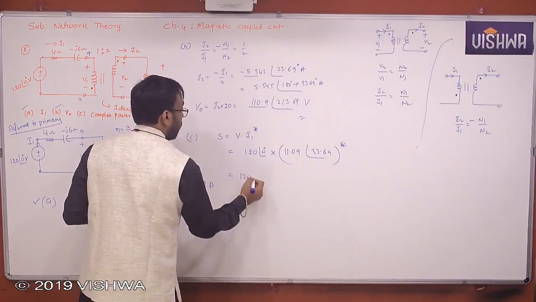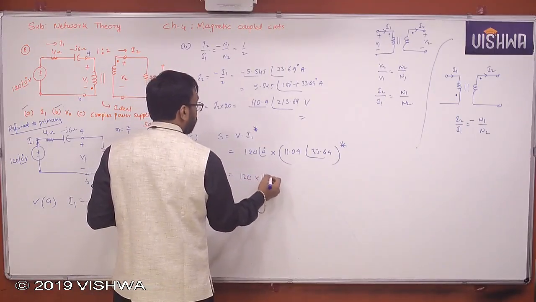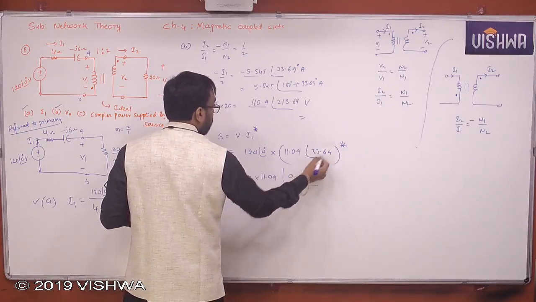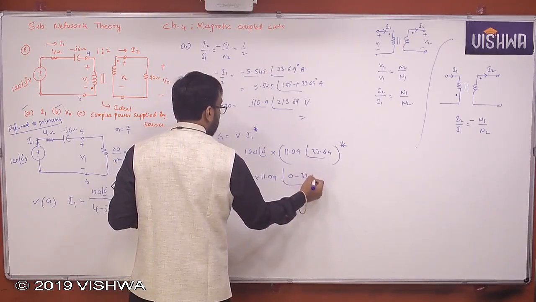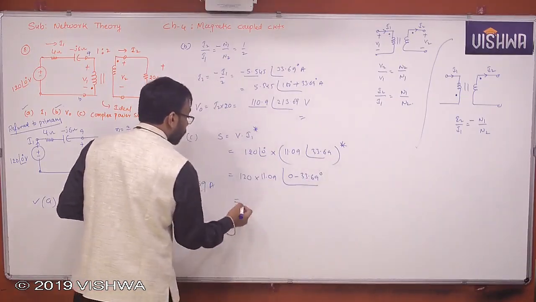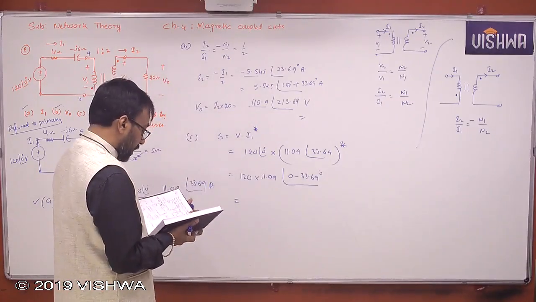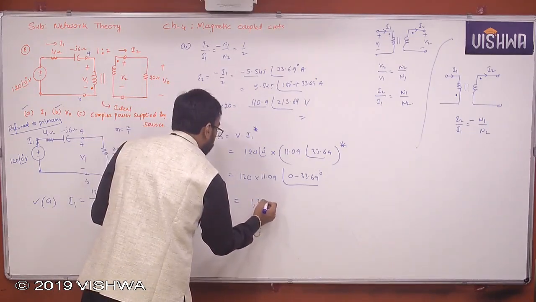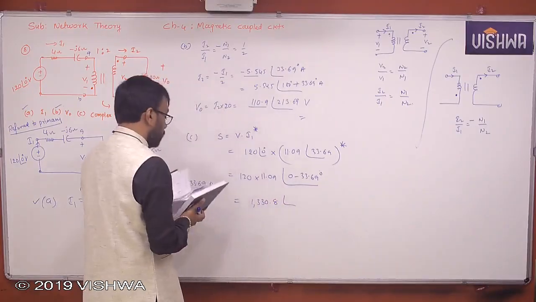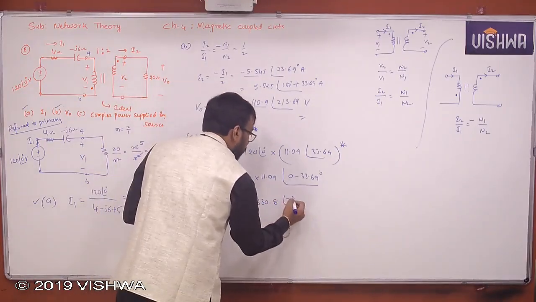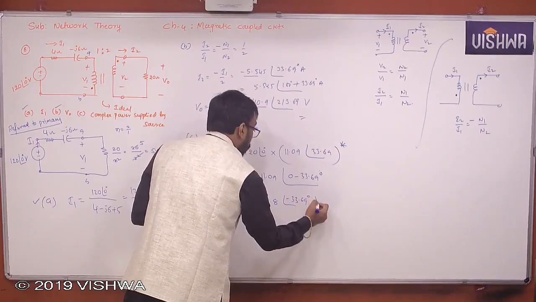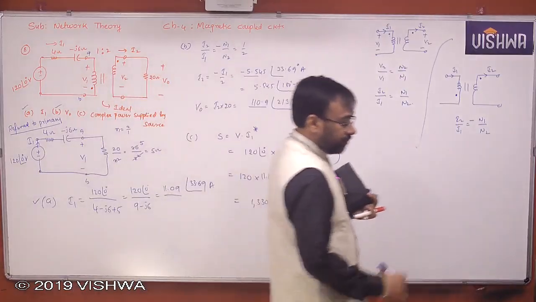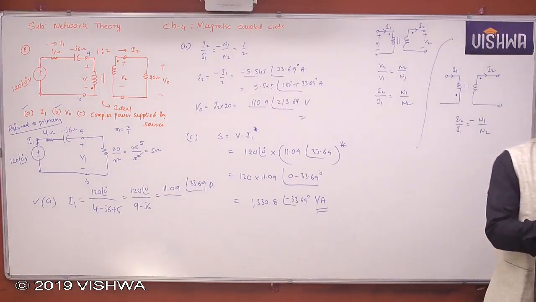So 120 into 11.09 at an angle of, this is already 0, but what about this? Conjugate means minus 33.69 degrees. I'll give you that answer clearly: 1330.8 at an angle of minus 33.69 volt amp. What is the complex power unit? Volt amp. Please note that, all of you.